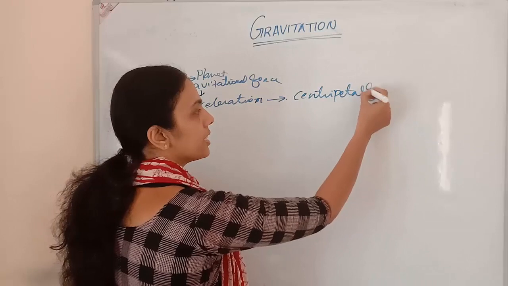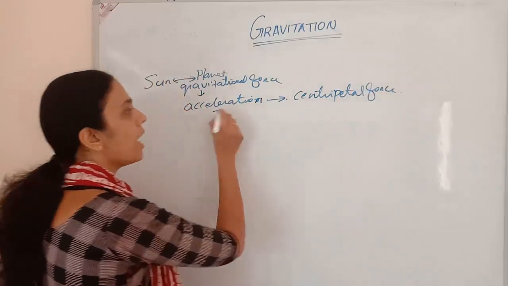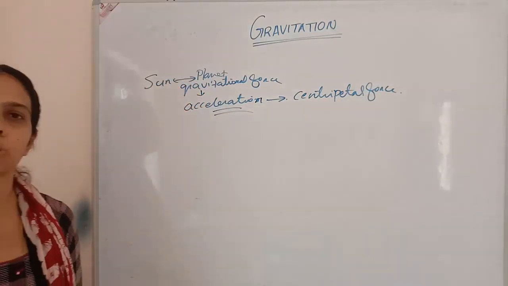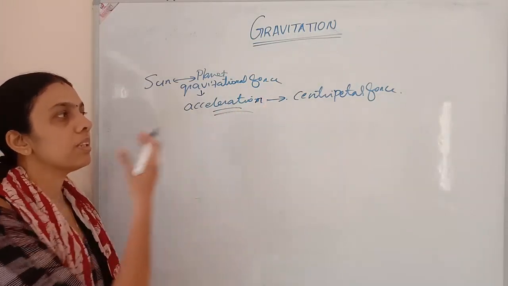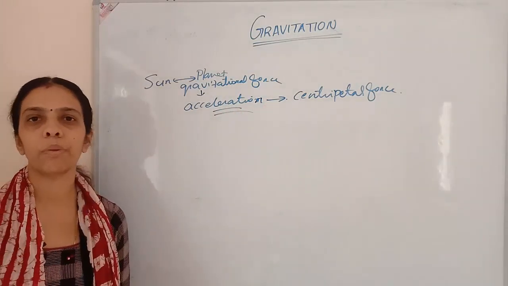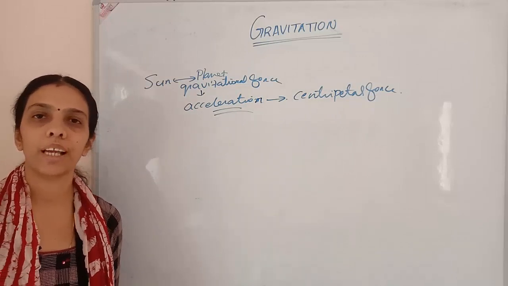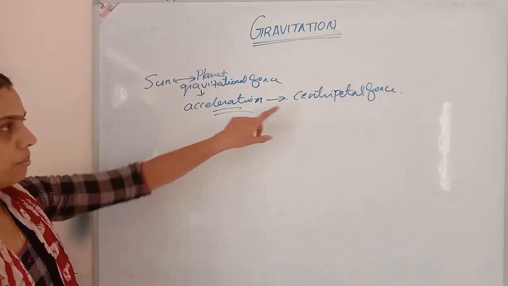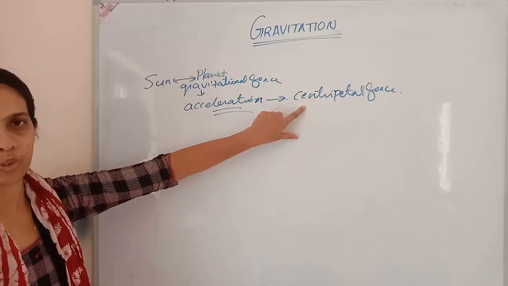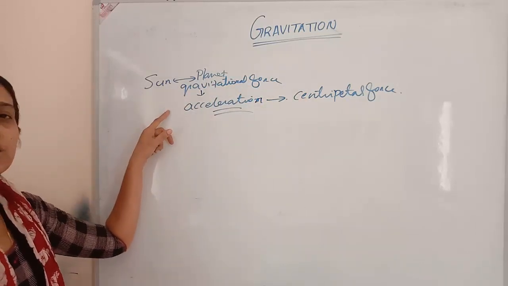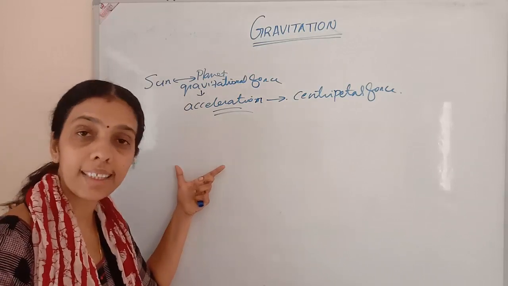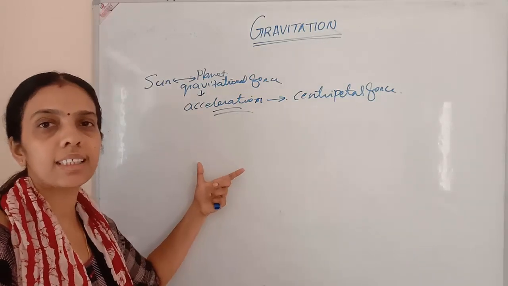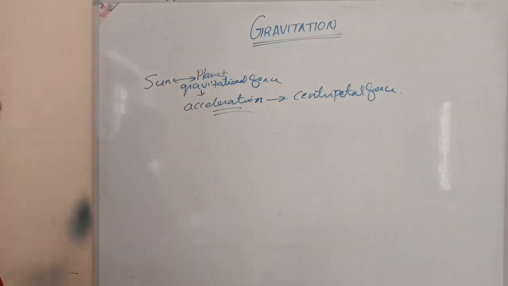Centripetal force is given by the acceleration which is provided due to the gravitational force. Centripetal acceleration is acting on it, and that acceleration will be helping to give the centripetal force.